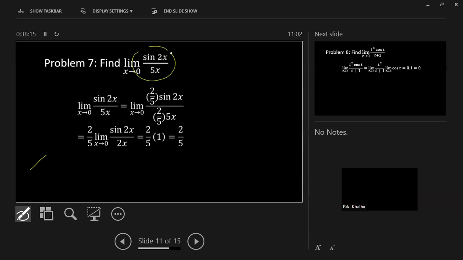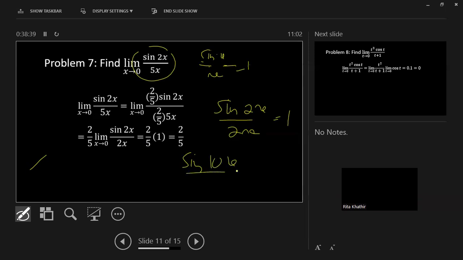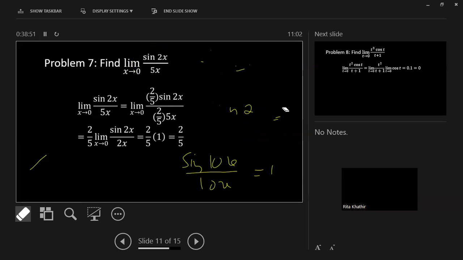From the rules, we learn that sine x over x is 1, sine 2x over 2x is 1, sine of any value, for example 10x over 10x, is 1. So use this as the target to solve the problems. If no target, you get blank, like an empty box.